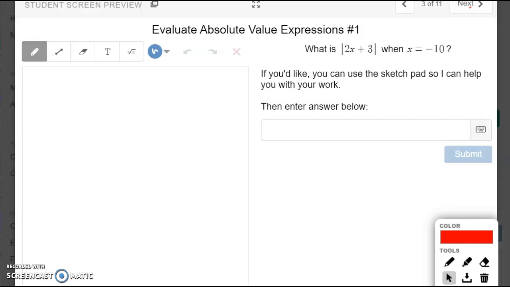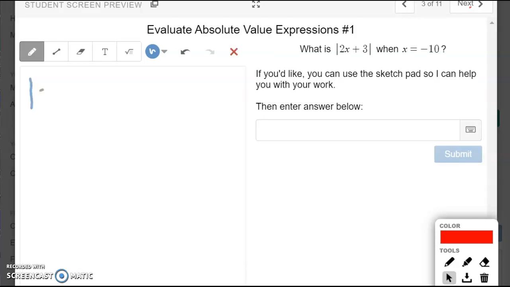What about number 3? What is absolute value of 2x plus 3 when x is equal to negative 10? So let's just do that. That means whenever I see an x, I'm going to replace it with negative 10 in parentheses.